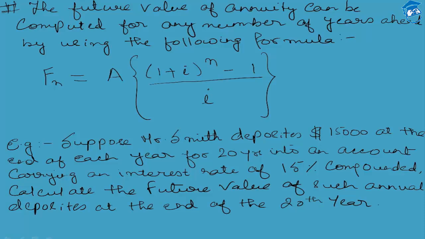Mr. Smith wants to deposit 15,000 USD into a bank account for the next 20 years, which is expected to grow at the rate of 15%, and this 15,000 USD deposit is an annuity. I mean, he wants to deposit 15,000 USD at the end of each year for the next 20 years and expects the same to grow at the rate of 15% per annum compounded annually. So we need to calculate the final value of the annuity at the end of the 20th year for Mr. Smith.